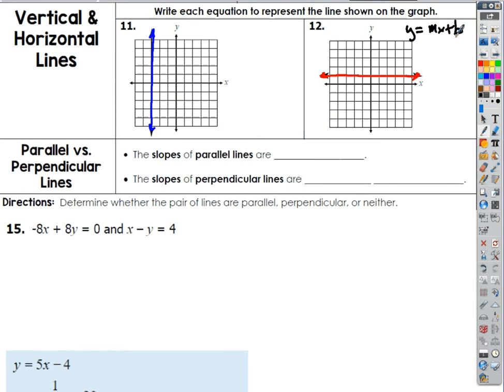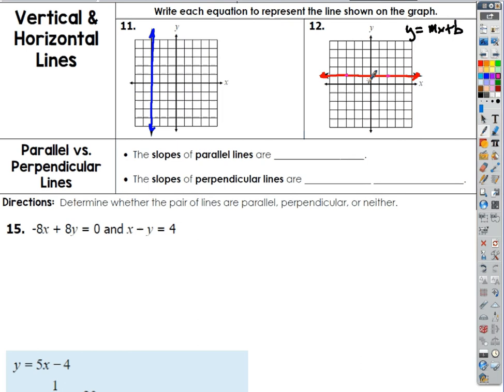What's my slope? Jenny, what's my slope? 0, because it's a flat line, right? And we know that because if I take 2 points on this line and calculate a slope triangle, slope is rise over run. The rise is 0 and the run is a number, and 0 divided by anything is 0.